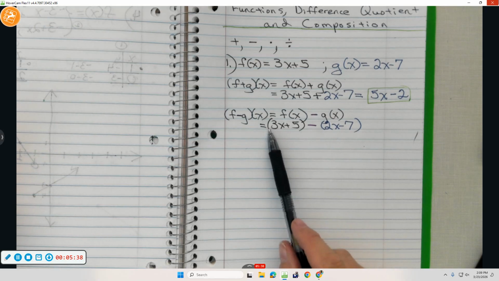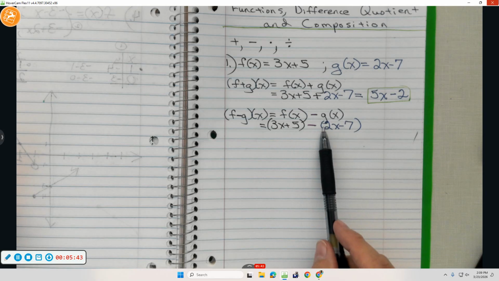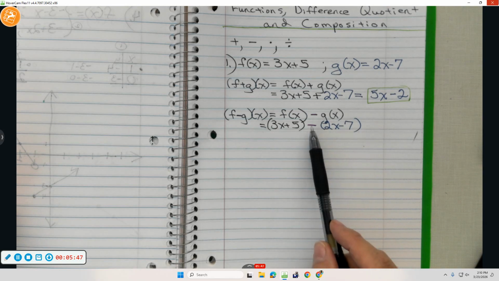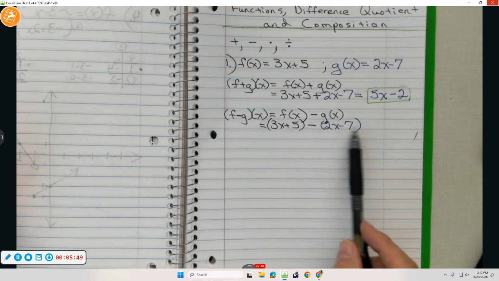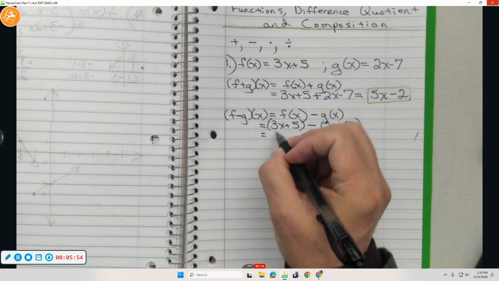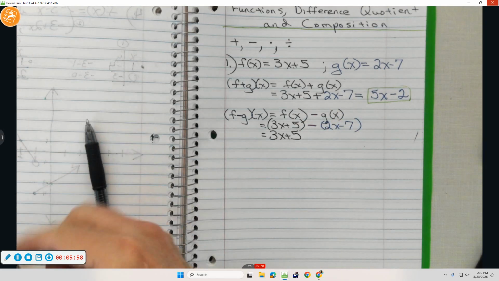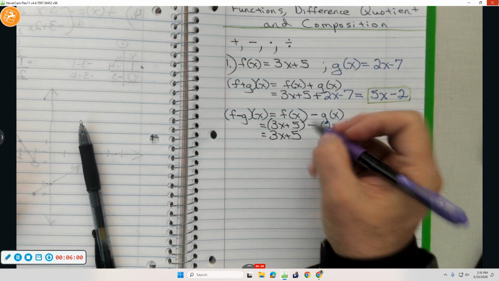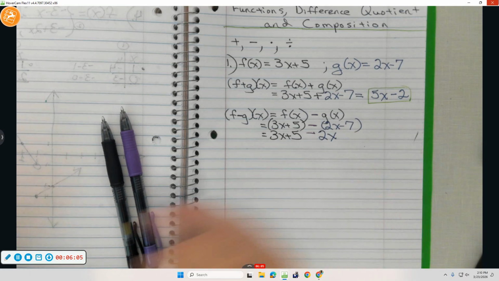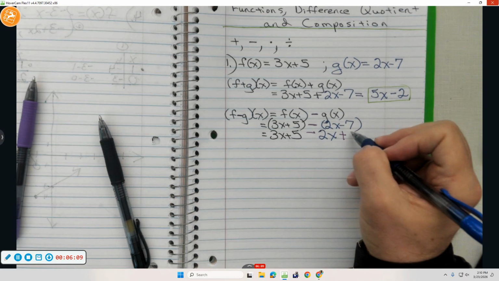I just thought it looked better, because this second set is not unnecessary. You have two terms with a minus in front, so you're going to have to distribute to change the signs. So for the first set, I'll just drop 3x plus 5. And then I'll have a minus 2x. What else will I have? A plus 7. I agree.